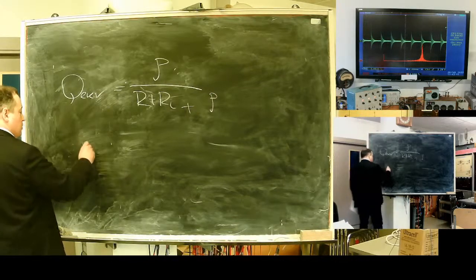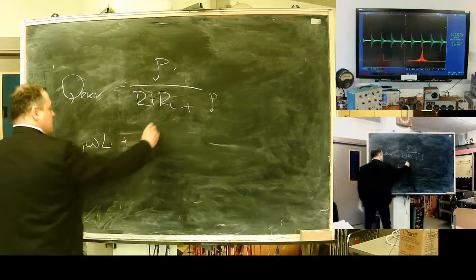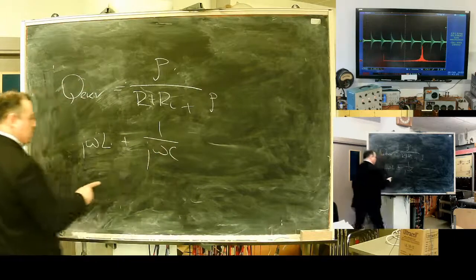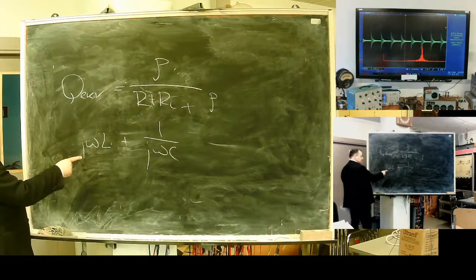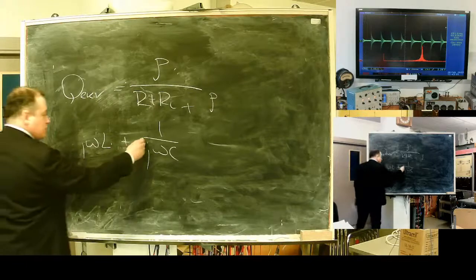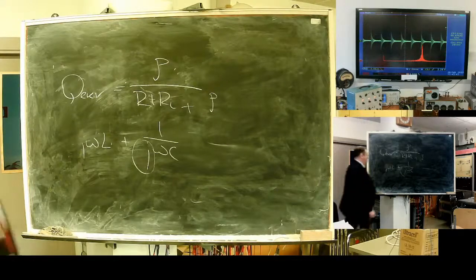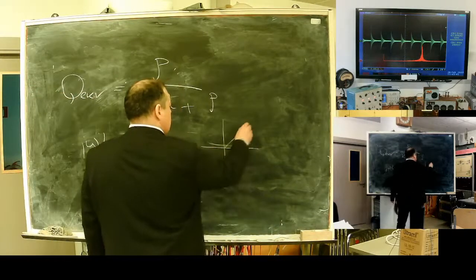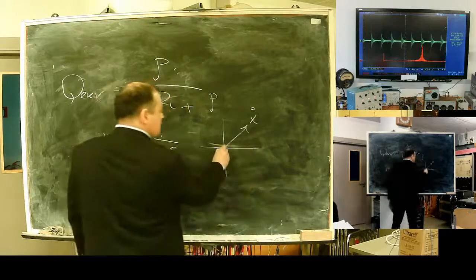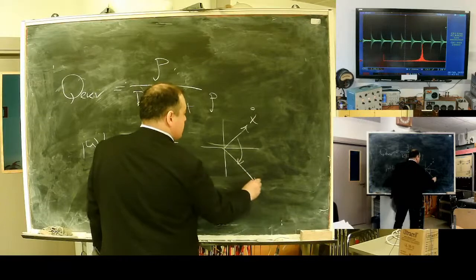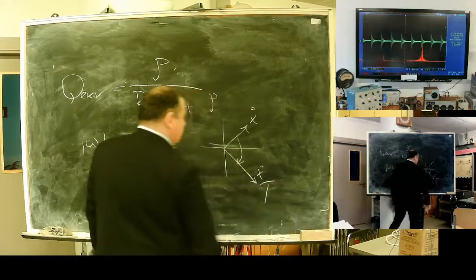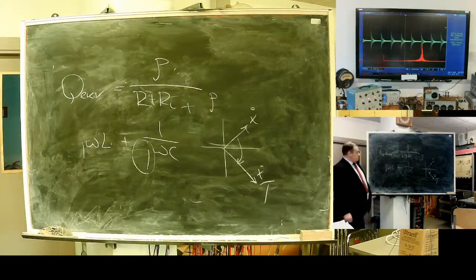It is omega L plus 1 over omega C. This way. If we need to take this up, what does it mean to divide by j? If we have vector X, this is divided, its rotation in a negative direction.